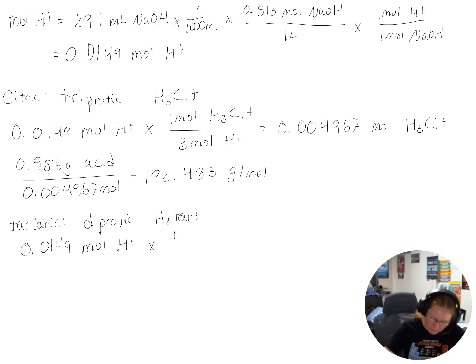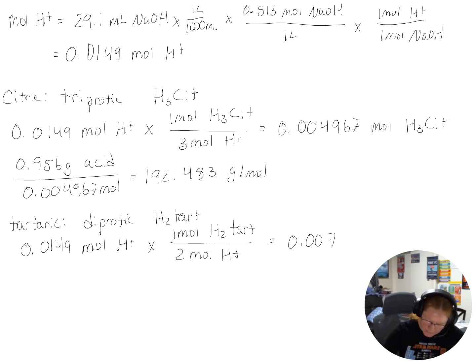And here I have 1 mole of my tartaric acid for every 2 moles of hydrogen ions. And so I end up here with 0.00745 moles.